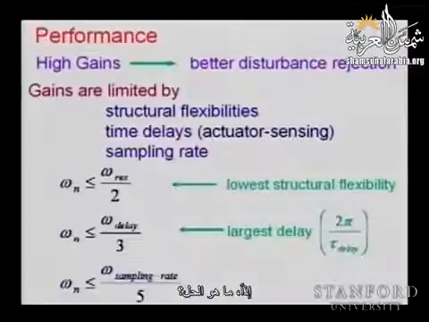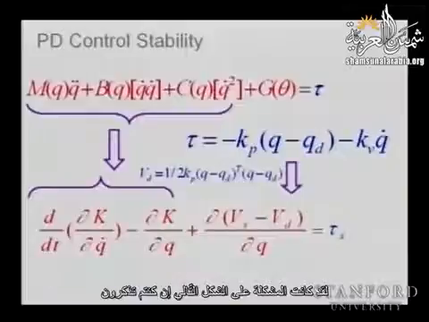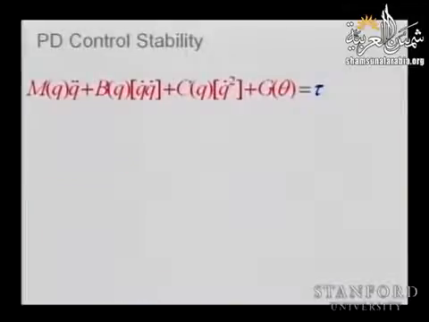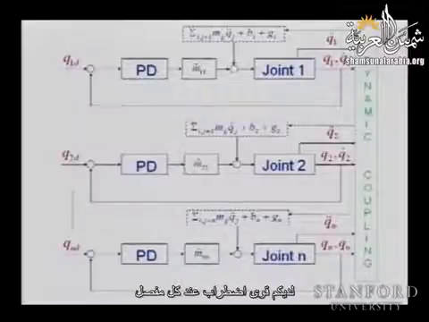Okay, so what is the solution? If we cannot really crank up those gains so high that we will cancel all disturbances, dynamic disturbances, what is the solution? So if you remember, the problem is like this. At each of the joints, you are getting this disturbance force.